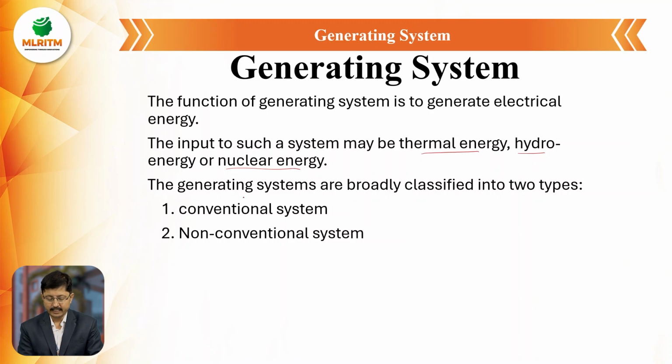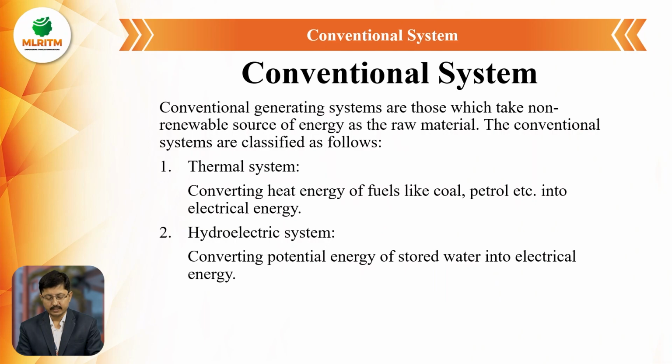The generating systems are broadly classified into two types. One is conventional system and another one is non-conventional system. Now let us see what is conventional system. Conventional systems are those which use non-renewable sources of energy as the raw material.